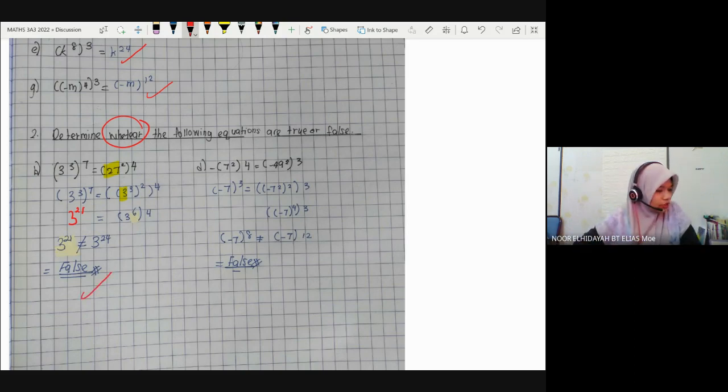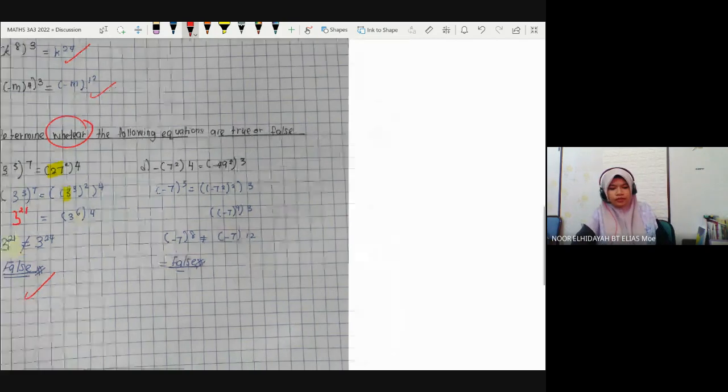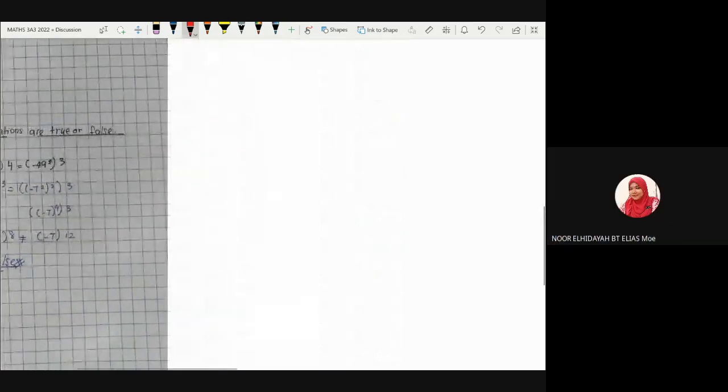Okay, and then question D, negative. Is the negative outside the bracket? Yeah, negative in this question is outside the bracket. Negative 7 squared. Macam mana selesaikan ni? Okay, kita tengok. Cikgu salin semula soalannya.